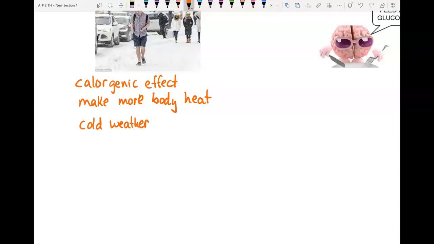So the cold weather stimulates your hypothalamus to stimulate your anterior pituitary to secrete more thyroid stimulating hormone, which stimulates your thyroid gland to secrete more thyroid hormone.